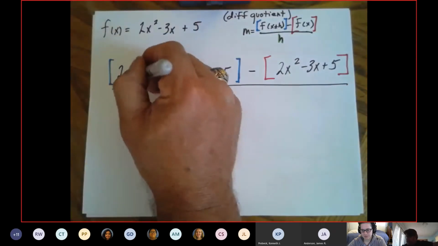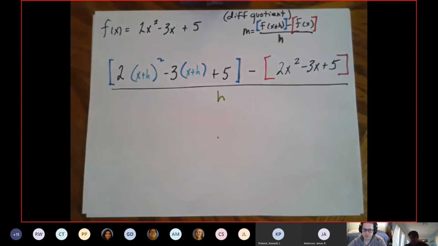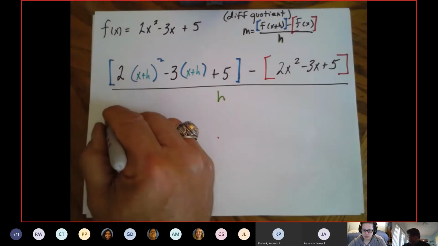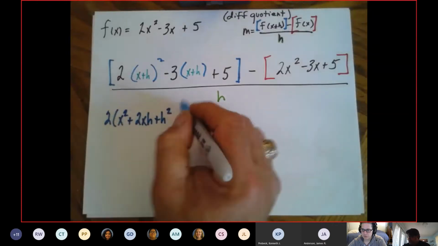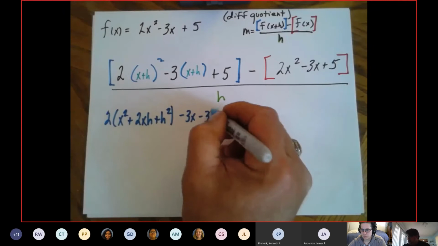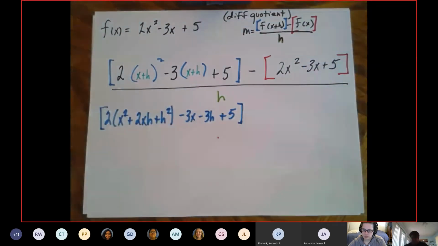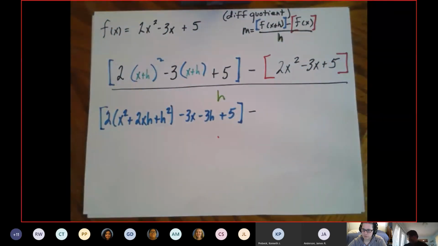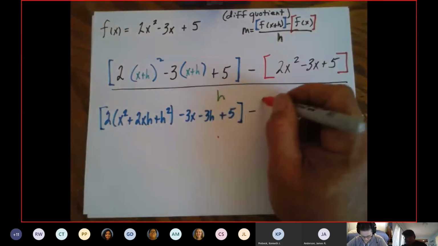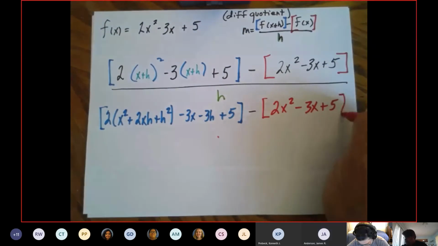x plus h. x plus h. And now our blue brackets are going to give us 2 times x squared plus 2xh plus h squared, minus 3x minus 3h plus 5. And that's my blue brackets. Minus the red brackets. That really doesn't change much. It will in just a second, because that negative is going to change everything.